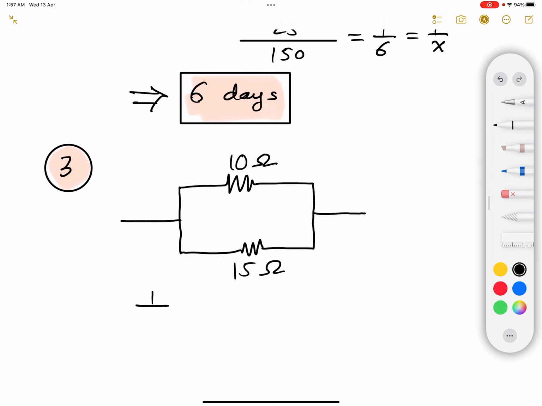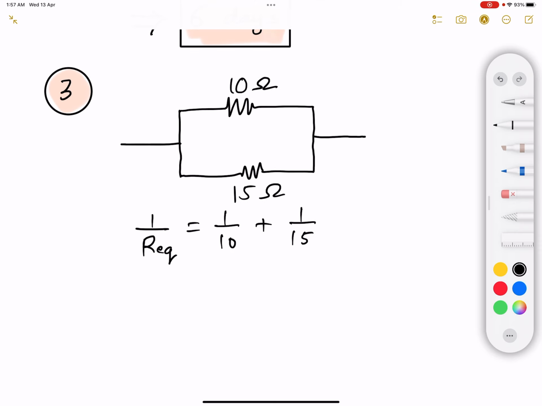So 1 over R equivalent is 1 over 10 plus 1 over 15. Engineers would understand this better than anybody else because they're used to dealing with circuits, resistors, ohms and stuff like that. How can we find R equivalent?